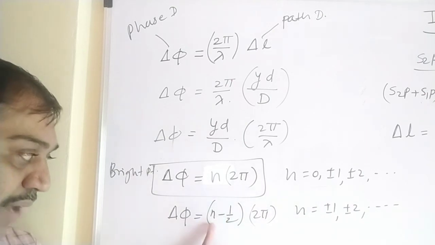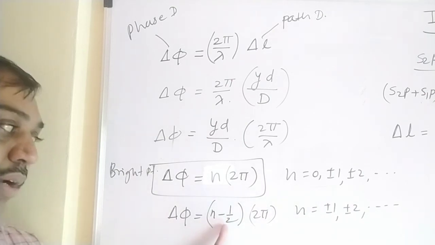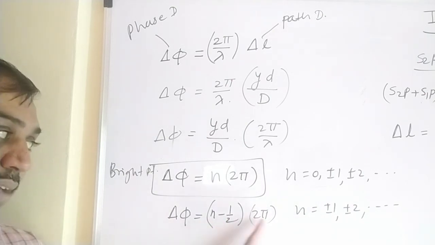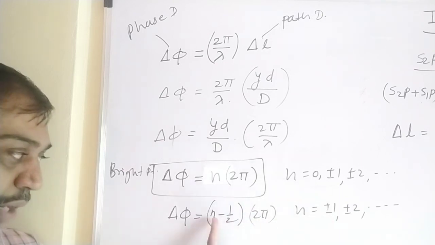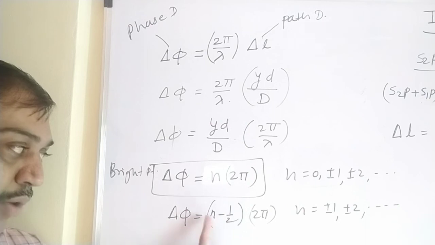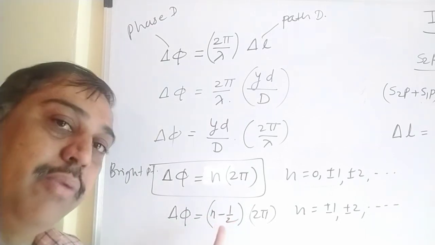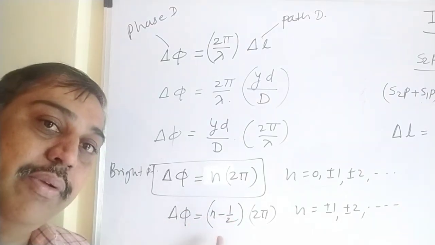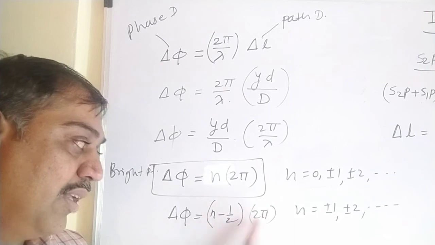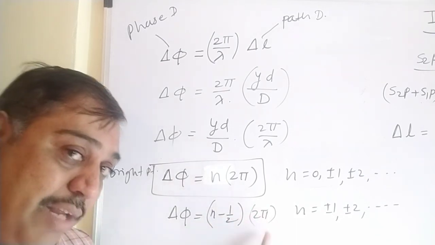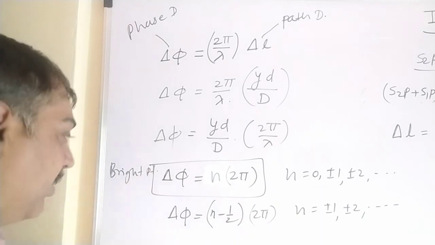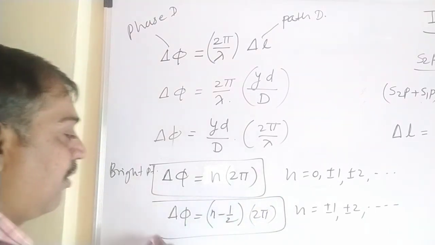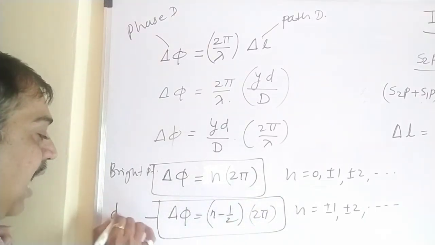If you take n equal to 1, 1 minus 1 by 2 is 1 by 2, the 2 cancels, giving pi. For n equal to 2, 2 minus 1 by 2 is 3 by 2, giving 3 pi. Initially pi, then 3 pi, then 5 pi: odd multiples of pi. That is the condition on phase difference for a dark point.